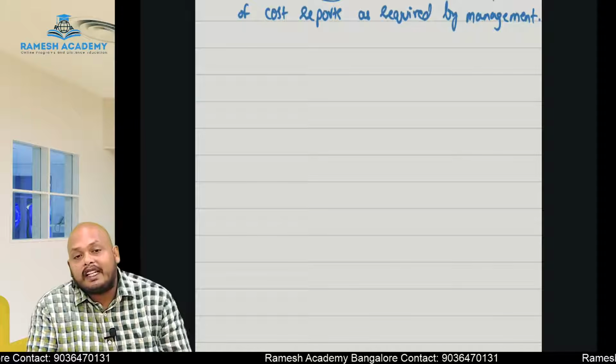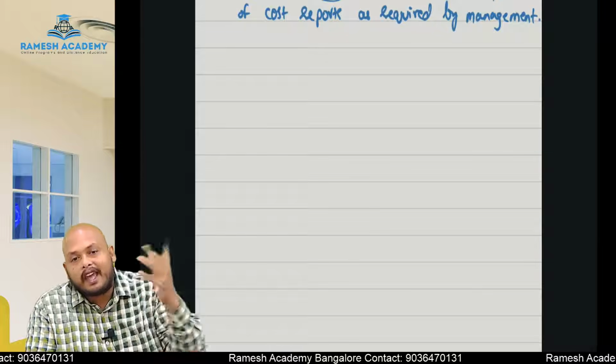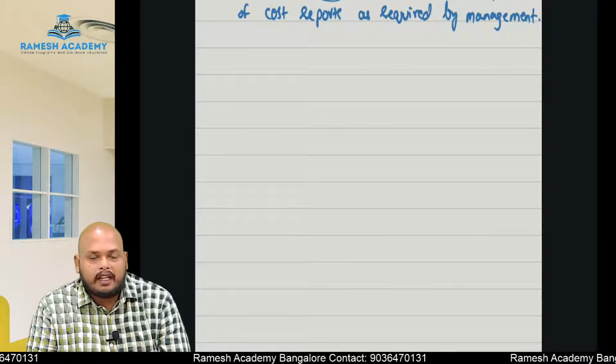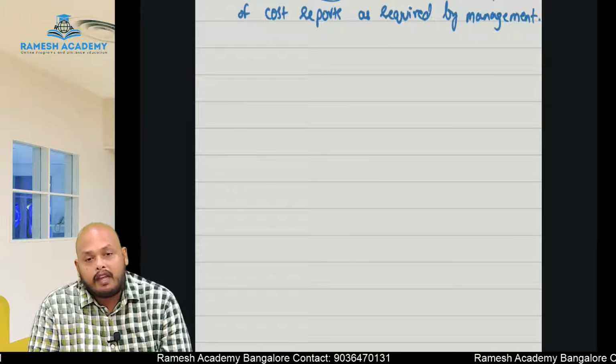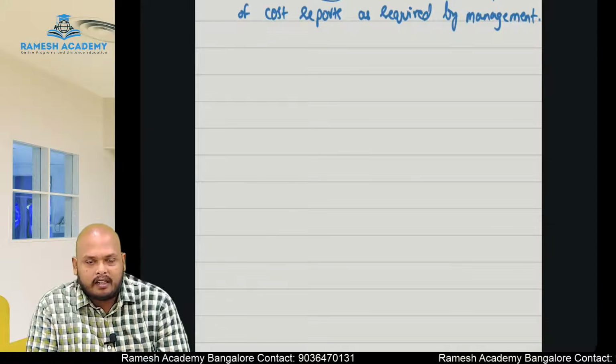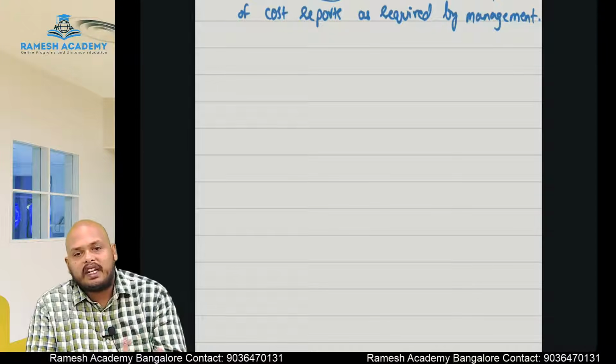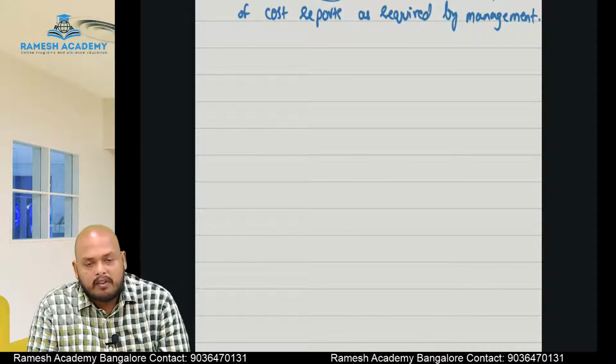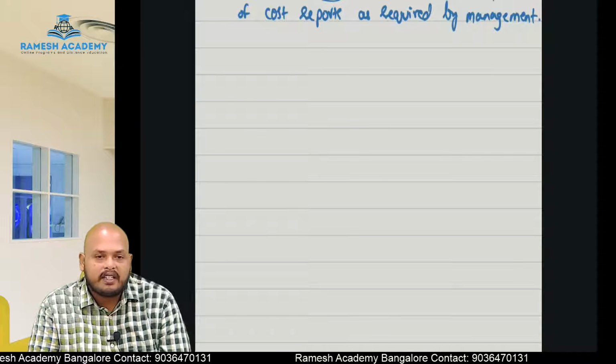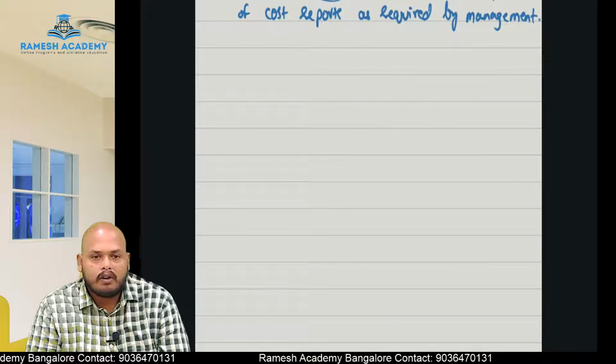Those are the technical terms you learned in accounts. Without knowing the meaning, can you record a journal entry? It's not possible. Why? Because without knowing the technical meaning of those definitions, you cannot go further.